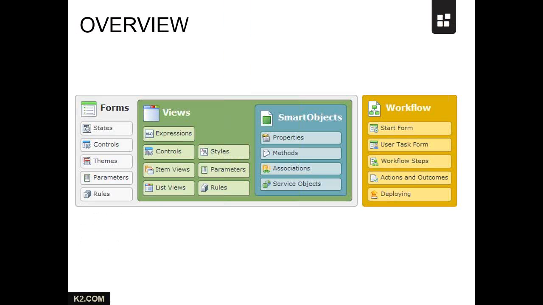All right, so just a quick overview, and if you've worked with smart forms before, you've probably seen this picture on the intro pages, but I think it does a good job of representing how all these pieces fit together. Last week we looked at building out smart objects that represented our SharePoint list and web service, as well as a backend K2 storage location.